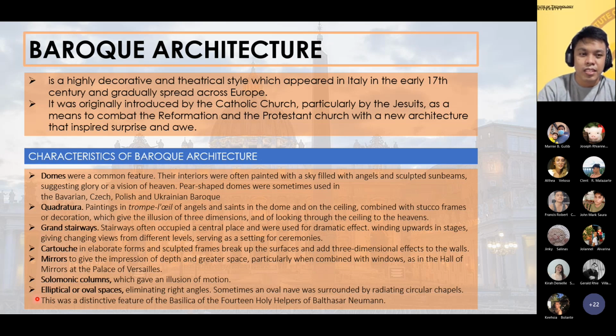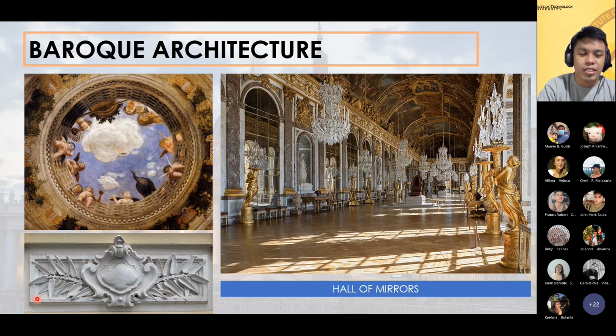So let's just see some examples. Okay, so here, this is the dome of a certain church, and the dome is now being painted with trompe l'oeil. It's no longer fresco.